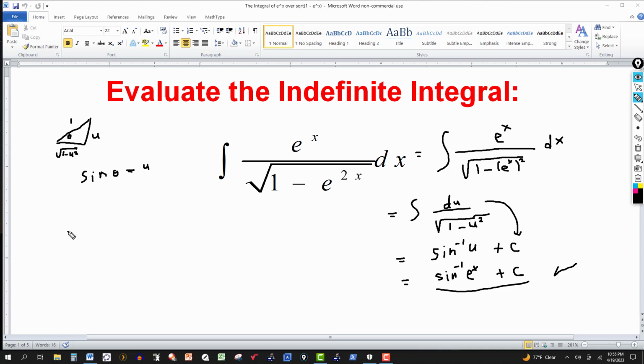And then the radical in the denominator is going to be the square root of 1 minus u squared, but u is sine theta, so that would be 1 minus sine squared theta. But we know from trigonometry, basic identity, cosine squared plus sine squared is equal to 1. So if I take the sine squared to the other side, that gives me cosine squared.